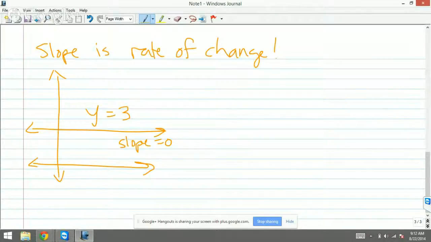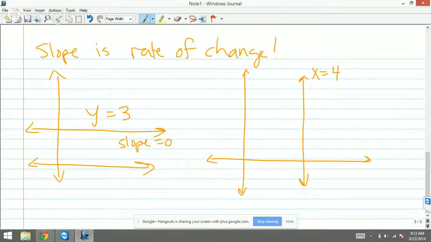Does that ring a bell? And vertical line is x equals some number with an undefined slope.